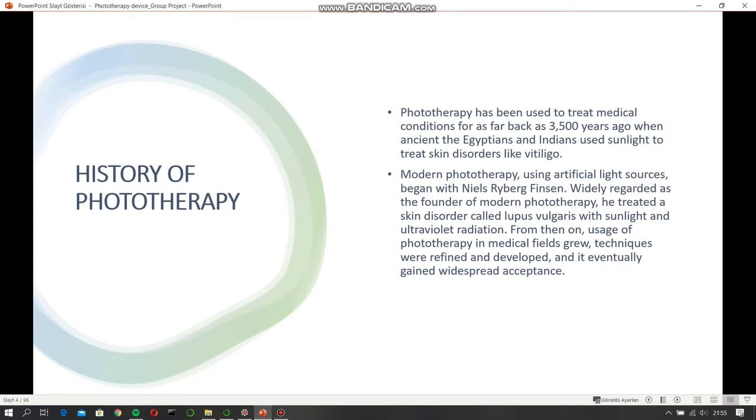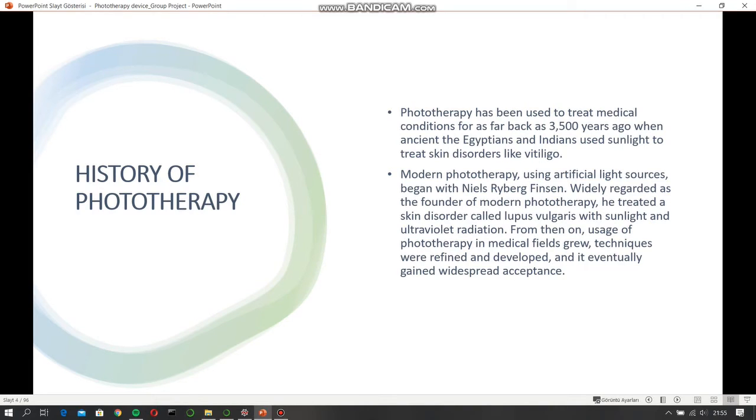Widely regarded as the founder of modern phototherapy, he treated a skin disorder called lupus vulgaris with sunlight and ultraviolet radiation.